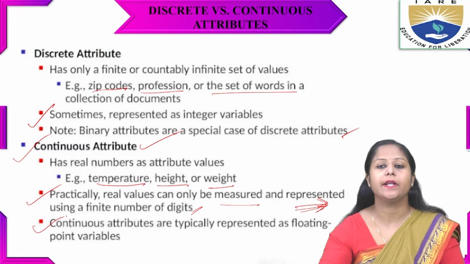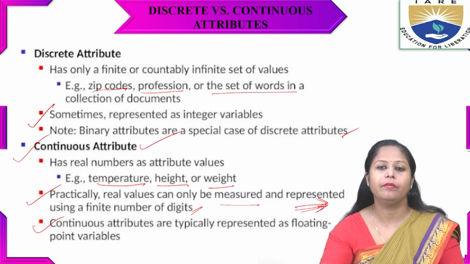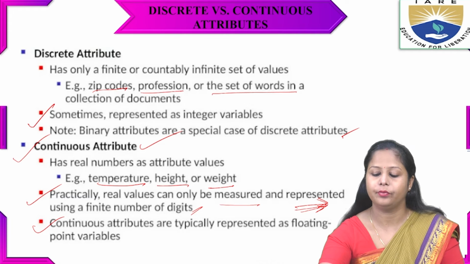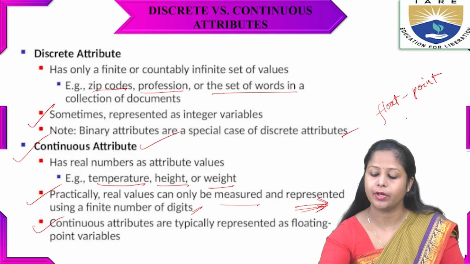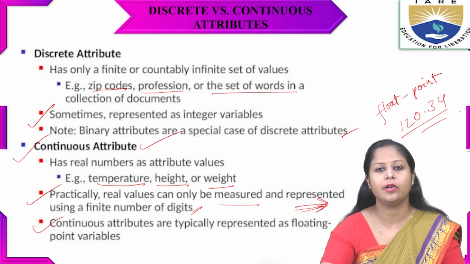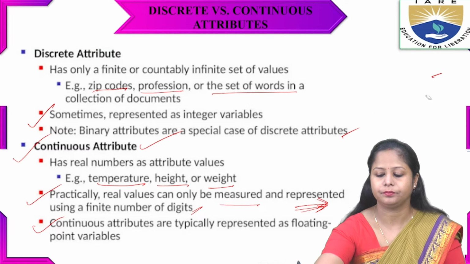So continuous attributes are typically represented as floating point variables, having decimal points. This type of attribute also comes under the continuous type of attribute.